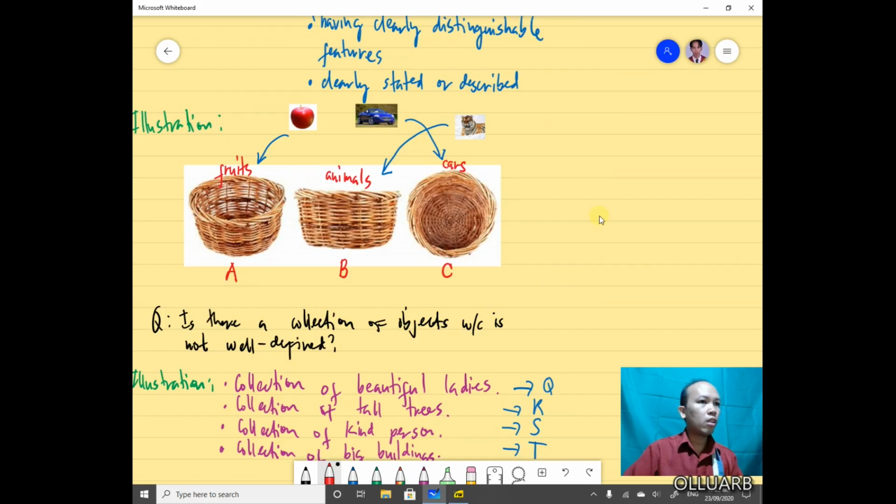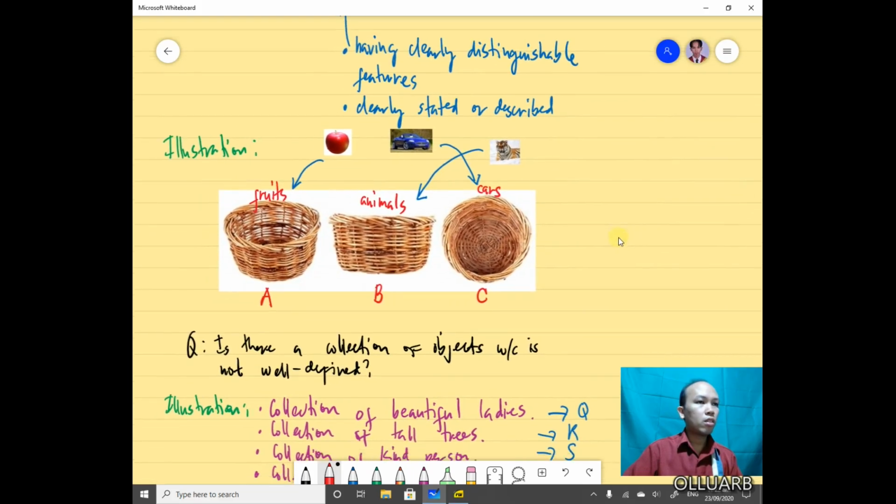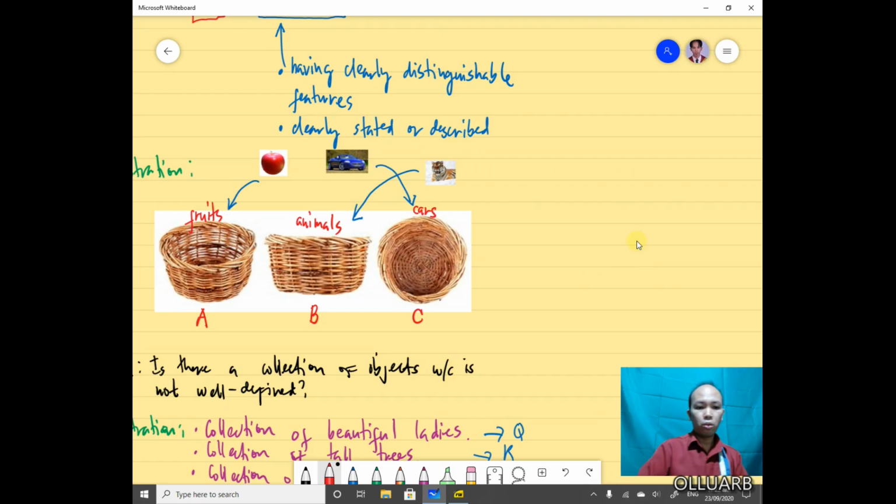And notice here there are some notations that I'm going to explain. When this object belongs to this basket, there is a notation that we are going to use.